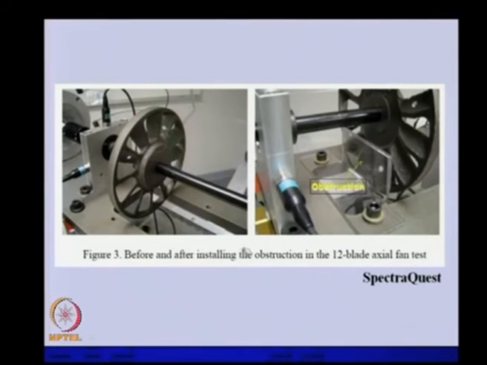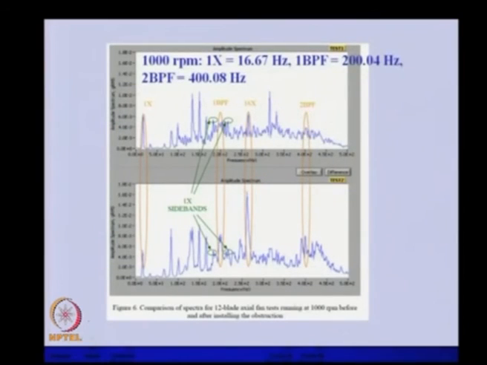So, before and after installation, the observation in the 12 blade axial fan. So, there is a 12 blade axial fan. This is taken from SpectraQuest lecture notes. So, this is the obstruction which was put here, so that we can get some kind of disturbance, and this is a typical signal in this.